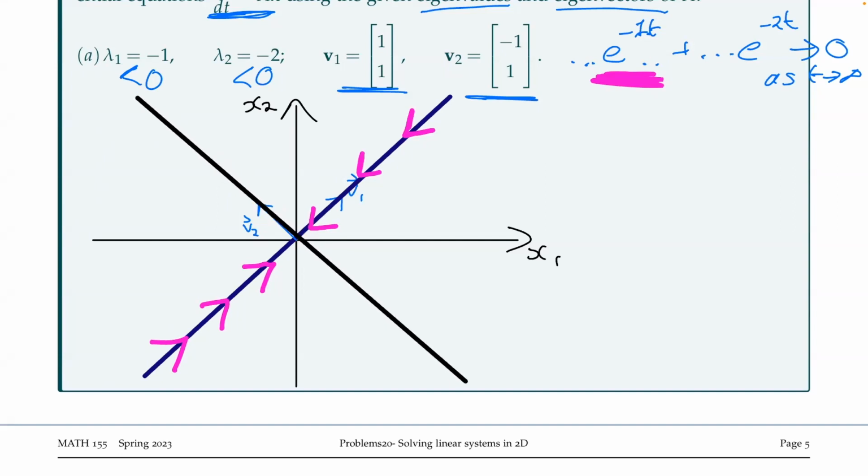This is going to be my second eigendirection. And just as in the first case, we think about the direction we would move in if we're sat on that line. Because we've got this e to the minus 2t, our eigenvalue is negative here, minus 2. That means that if we sit on there, we decay towards the origin.